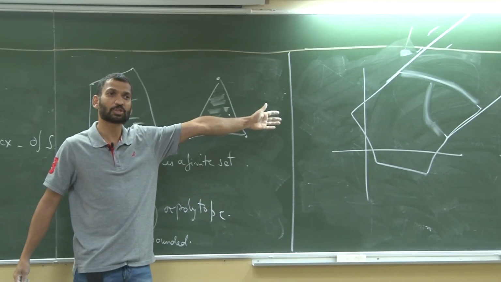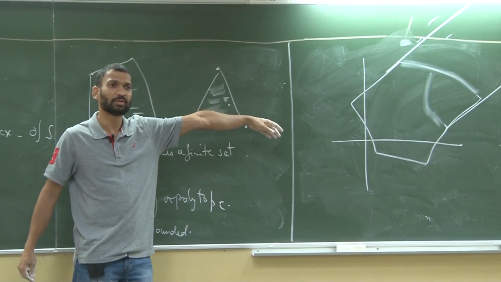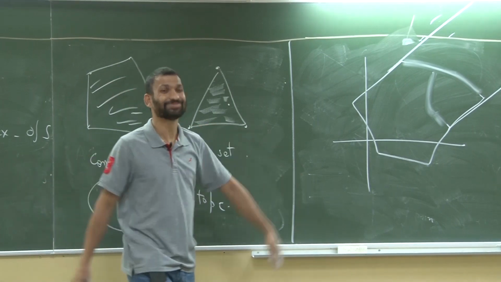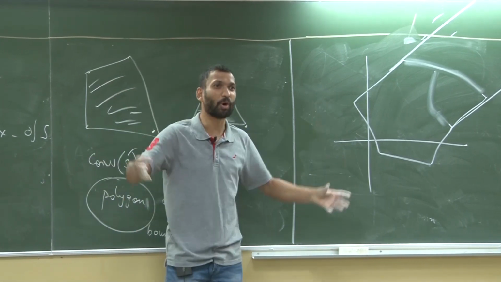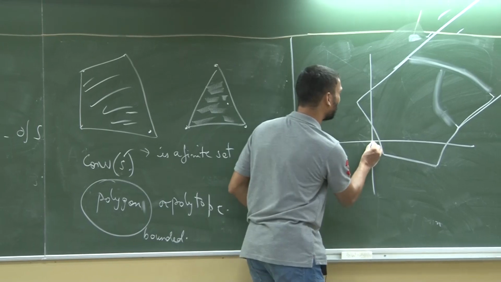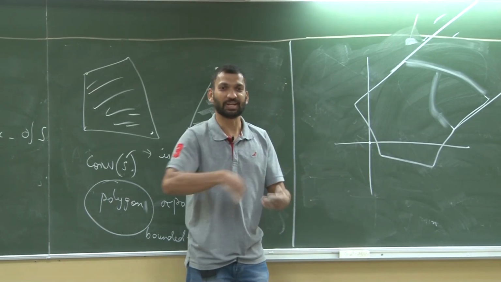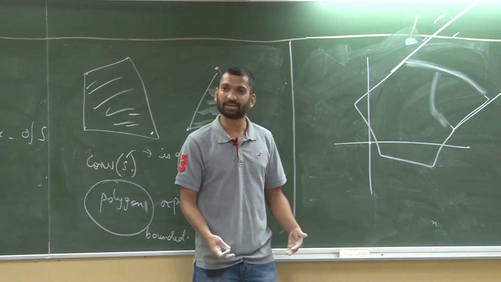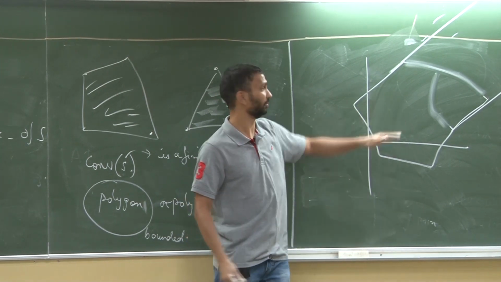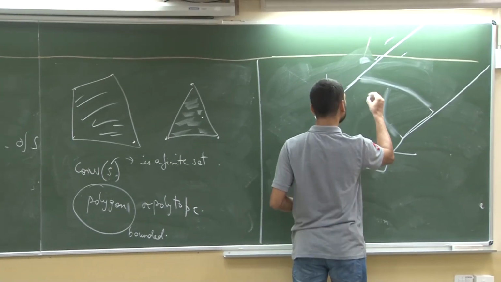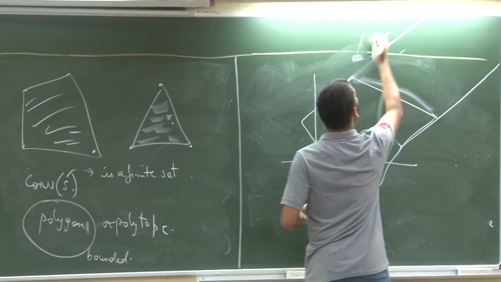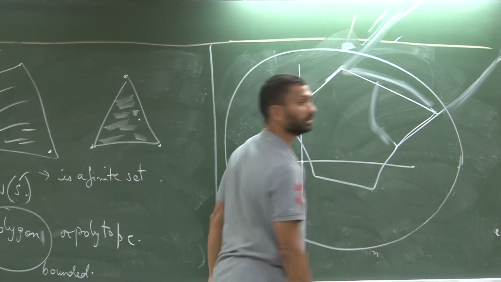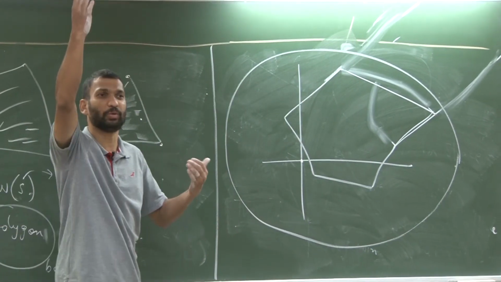What is the mathematical definition of a set being bounded? What do you think it should be? Good, so you have seen it before. There is a big ball, you can say from the origin, which contains the entire set, of finite radius. There is a sphere of finite radius which contains my set. So basically you are not going to infinity.